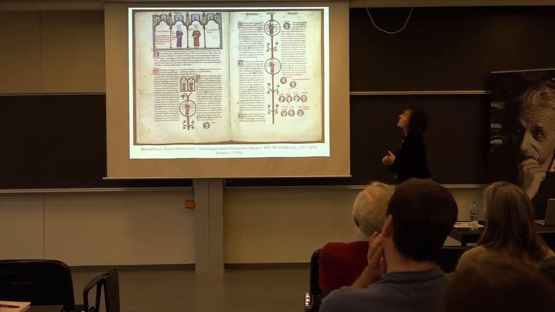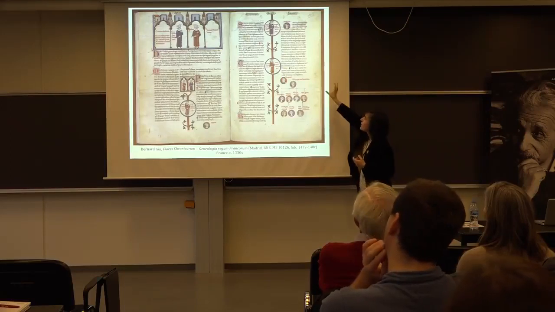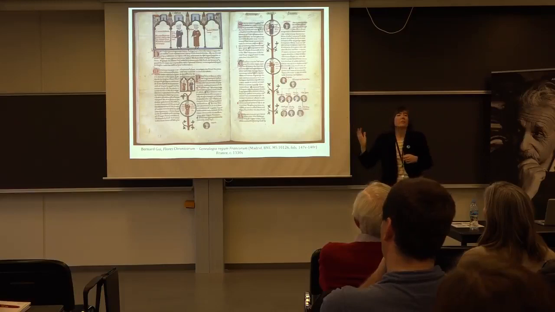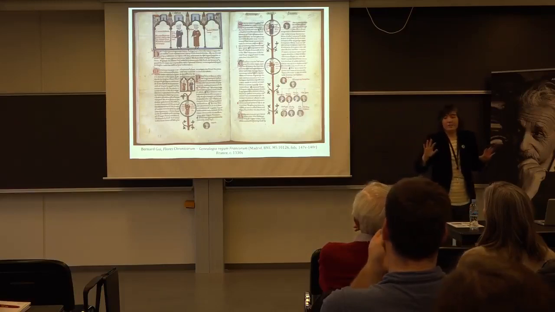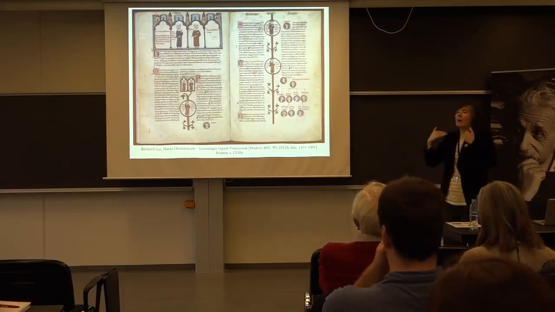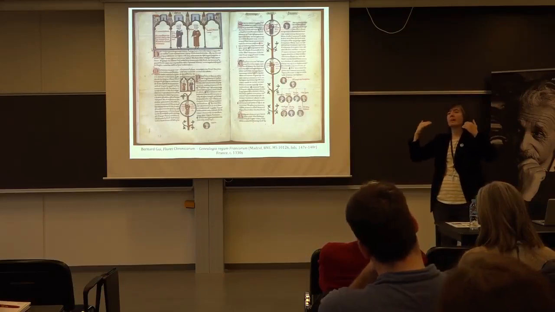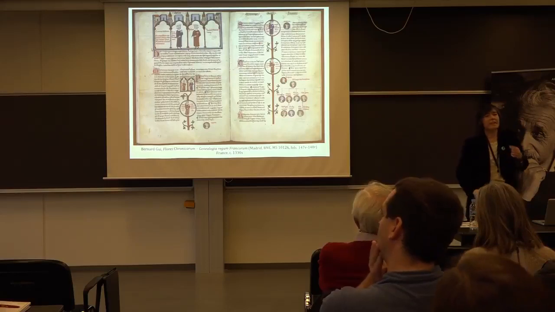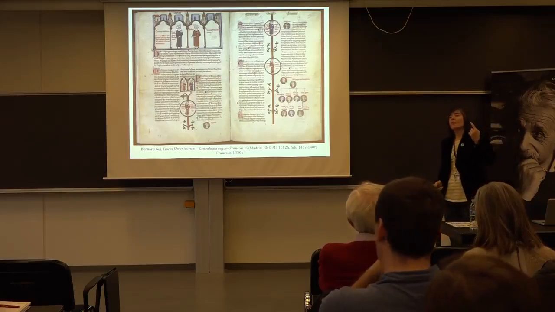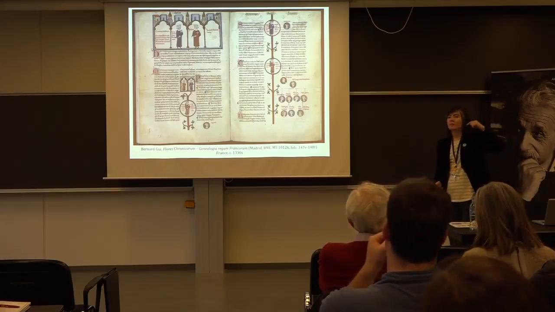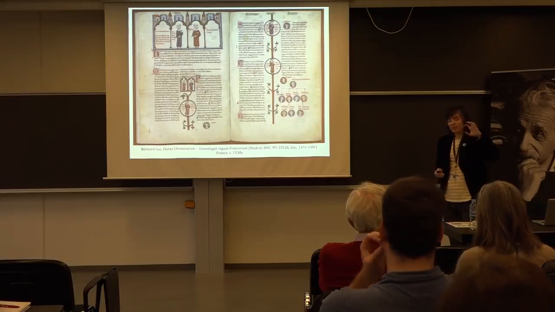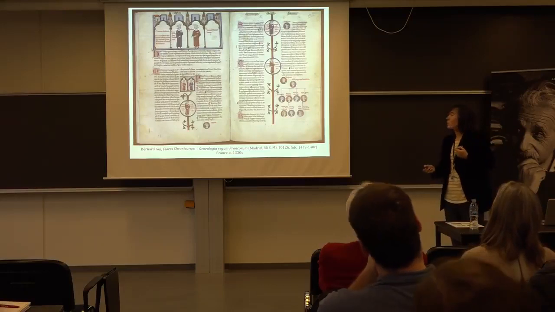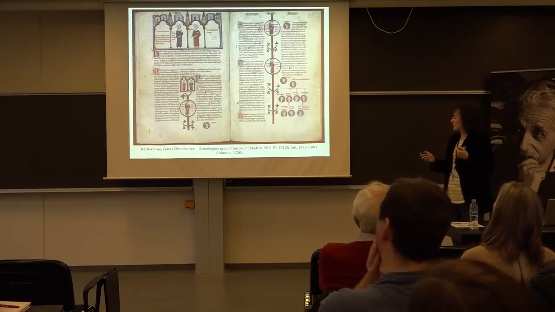In this case, this sort of graphic visual display is present, but in other cases we don't have any kind of visual supplement, but somehow this idea of the stemma is behind the writing of history. So this is an example of how images and this kind of abstract diagrams shape the way we think about time. So that was why I was so interested in this sort of diagrams.